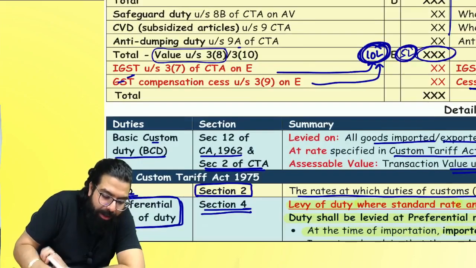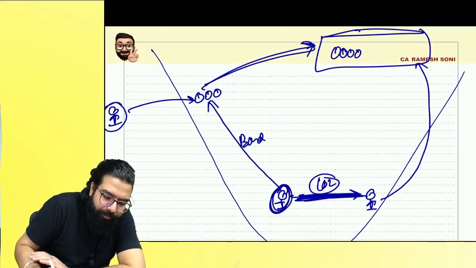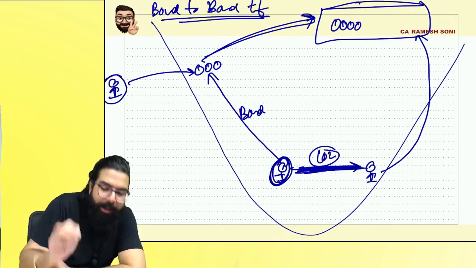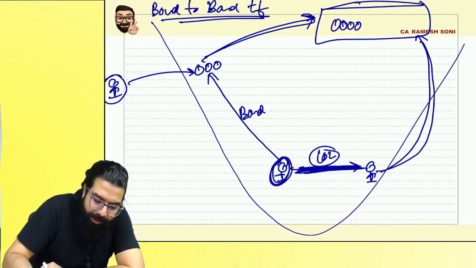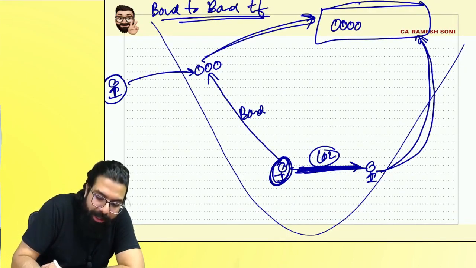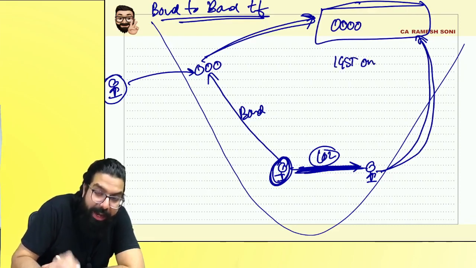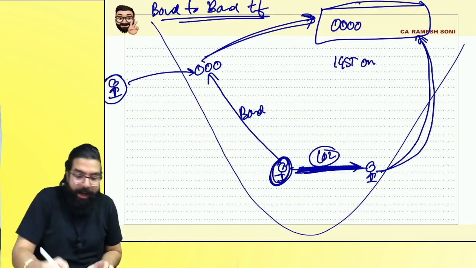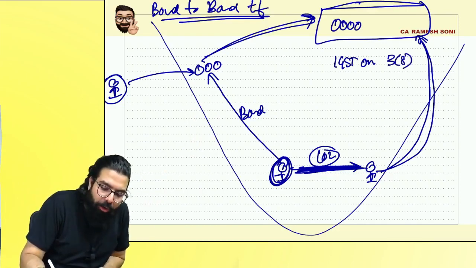But sir, this is known as what, everyone? Bond to bond transfer. Remember one thing, in bond to bond transfer, when he is clearing the goods, he will pay IGST, only IGST. Custom duty, normal calculation. Did you guys get it? IGST on the 3(8) value or transaction value, whichever is higher.